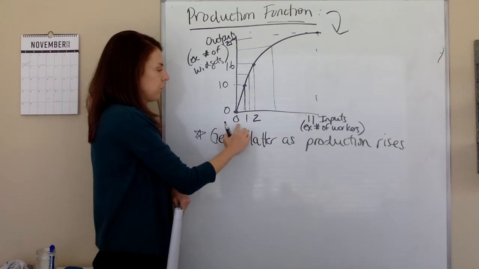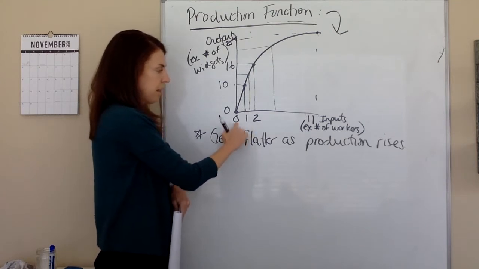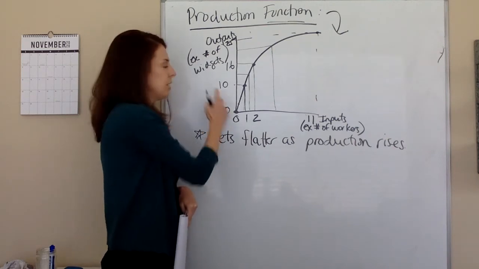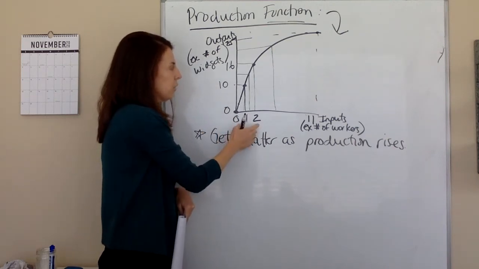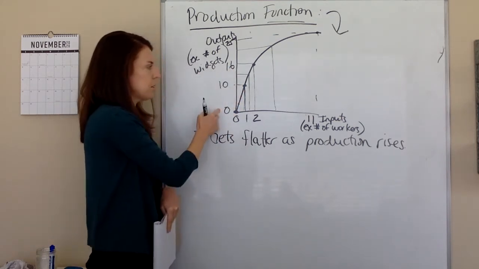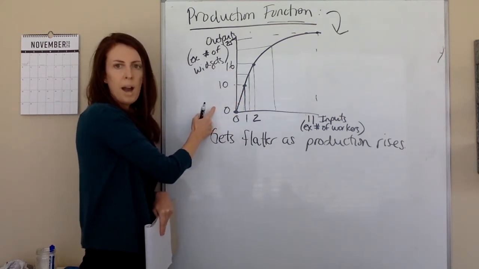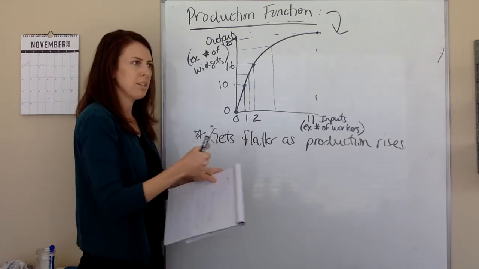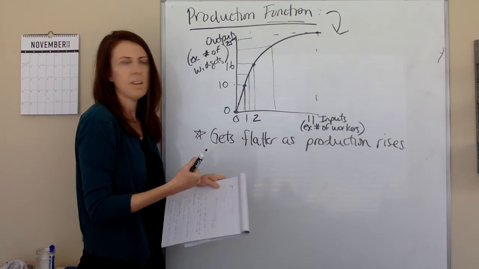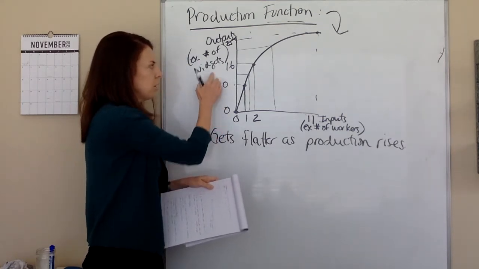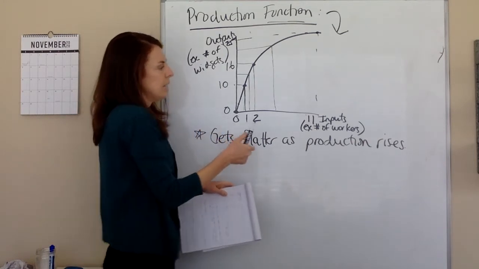If the firm goes from having 0 workers in that factory building to having 1, their output increases a lot. If they hire the second worker, their output still goes up, but it doesn't go up by as much as it originally did. Why? Because now the 2 workers have to figure out how to work together, and that's not always a seamless process. And so you get more bang for your buck out of the first worker than what you get from the second worker.